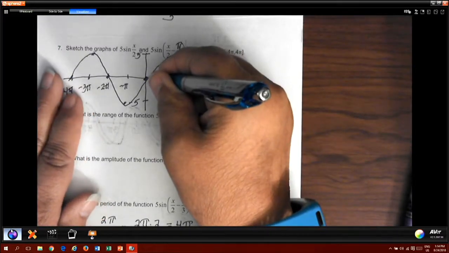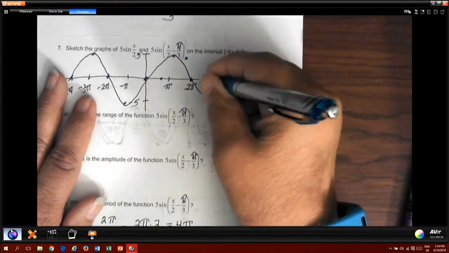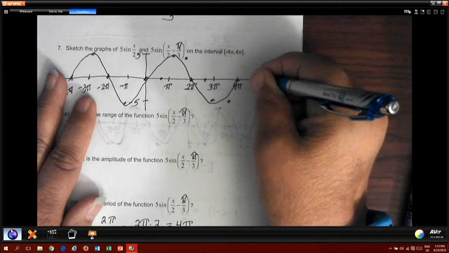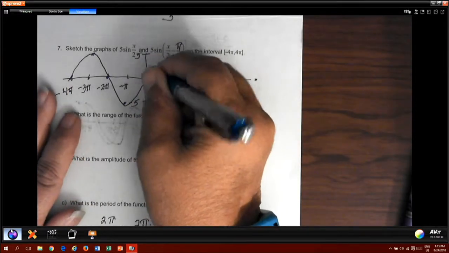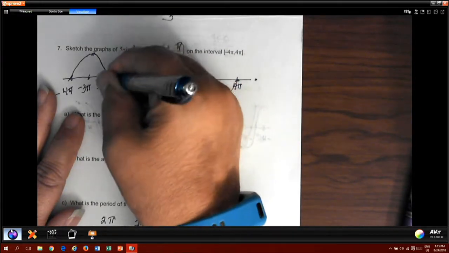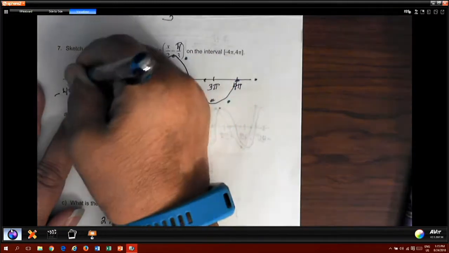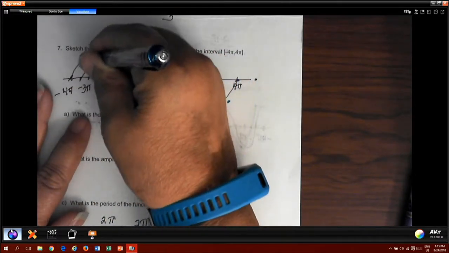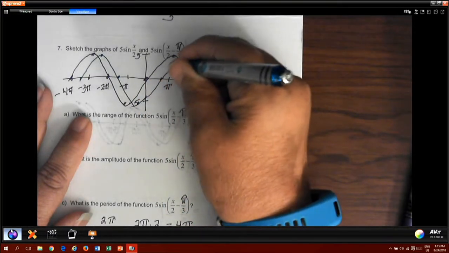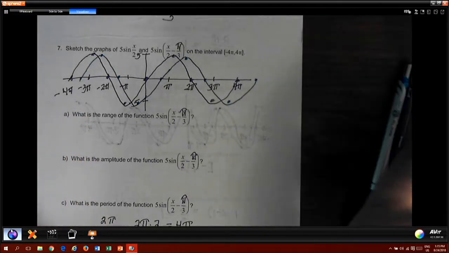So we're moving 2 pi over 3. So it's going to look something like that.